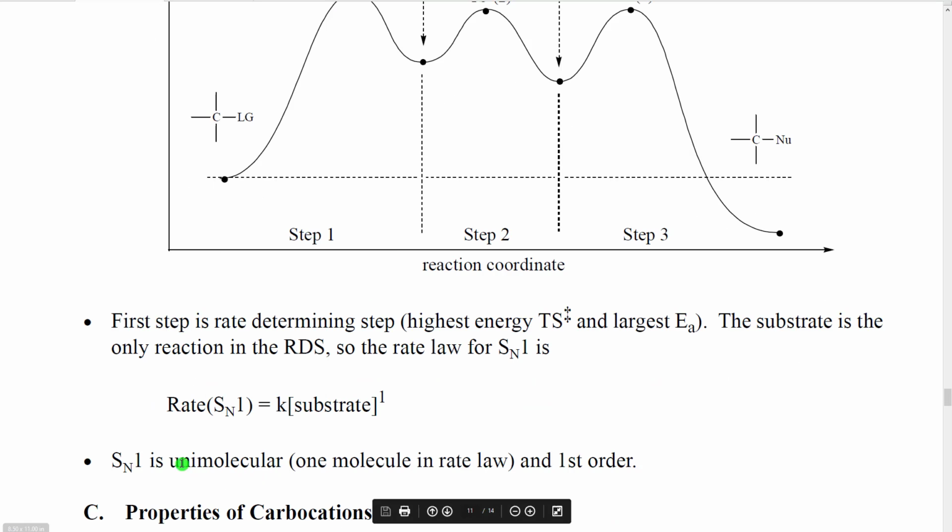So, the SN1 then is a unimolecular reaction because it has only 1 molecule in its rate law, and it's first order. This then allows us to just use reaction kinetics to determine whether a given reaction is going by the SN1 or the SN2 reaction.